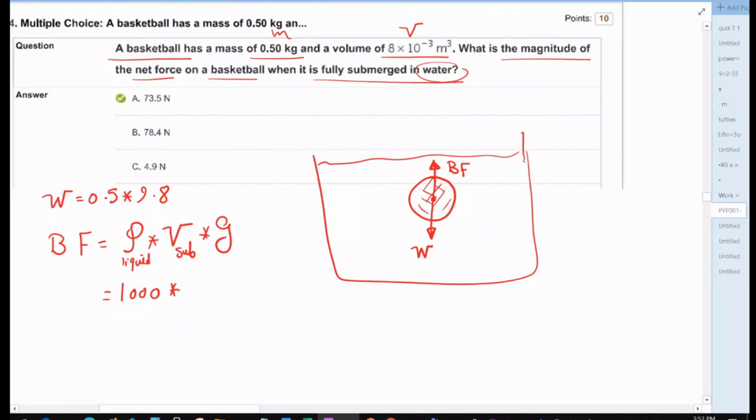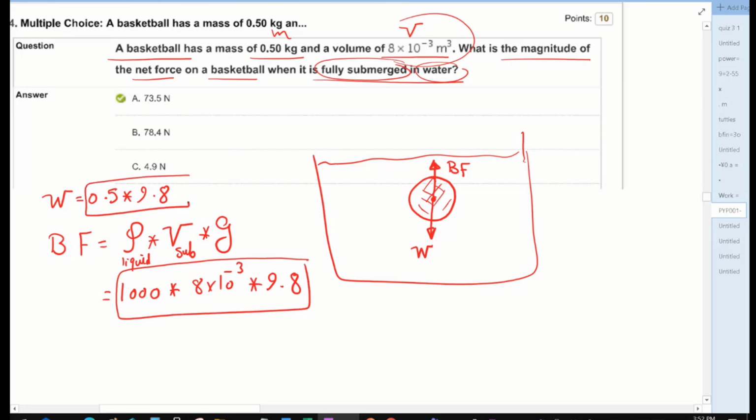What is the submerged volume? He said fully submerged, and the total volume is 8 times 10 to negative 3, times gravity, 9.8. So this is the buoyant force. Subtract the two forces. So buoyant force minus weight gives you the net force. Can you please do it?